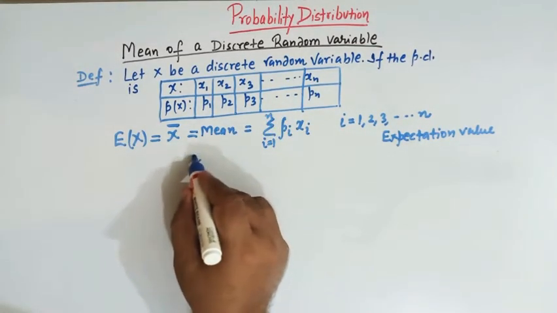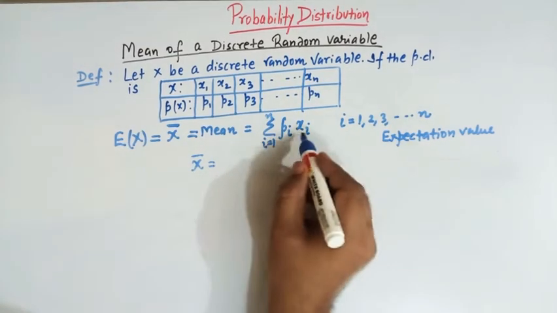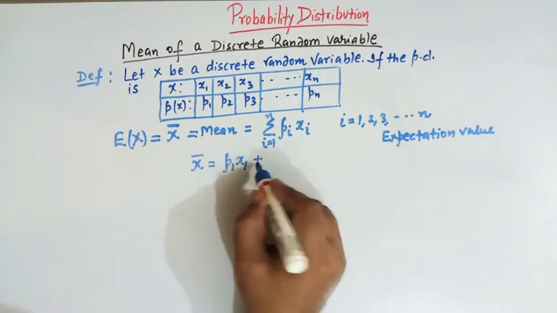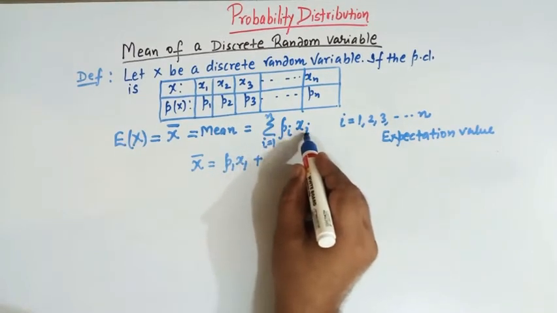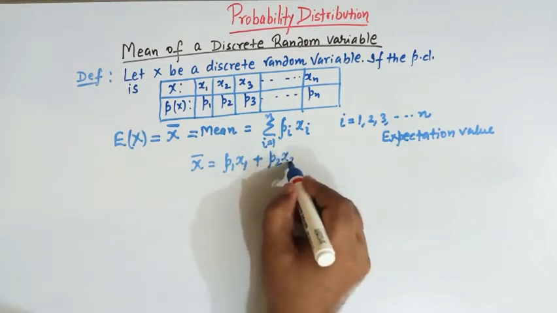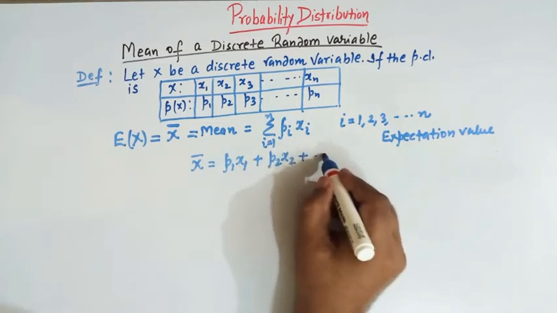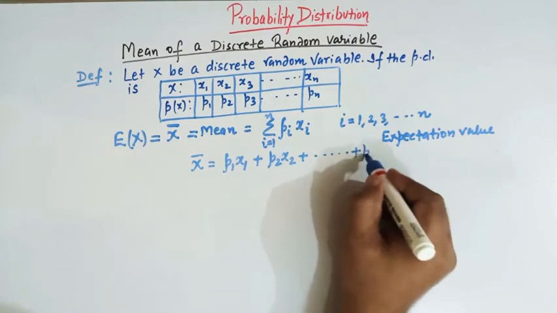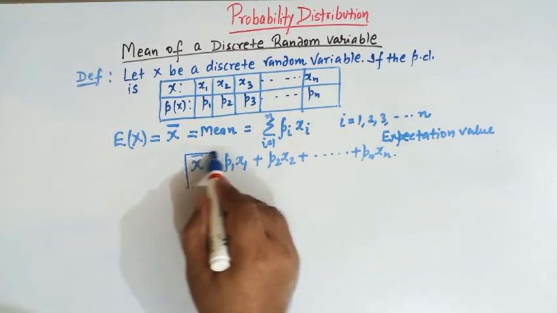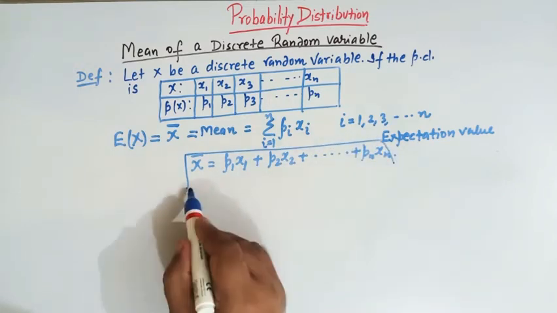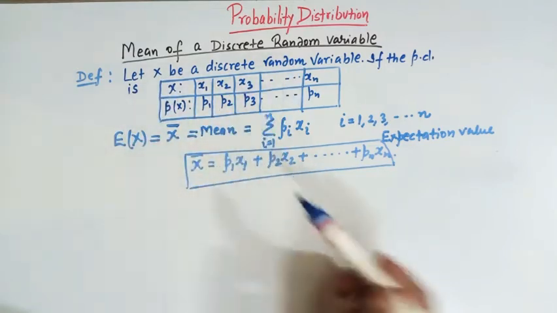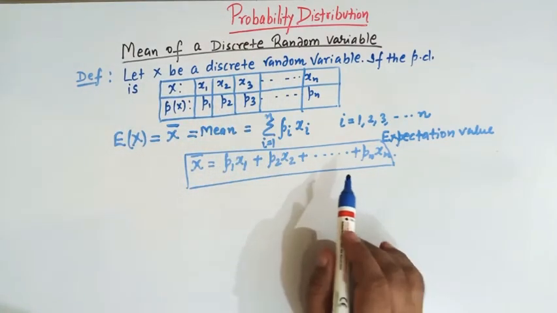In other words, the mean can also be written as p1 x1. If we take i equal to 1 here, then we have p1 x1, then we have p2 x2, and then we have pn xn. So this is the expression for finding out the mean of this discrete random variable x.